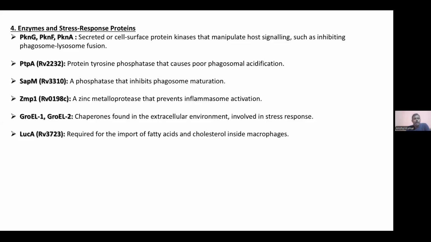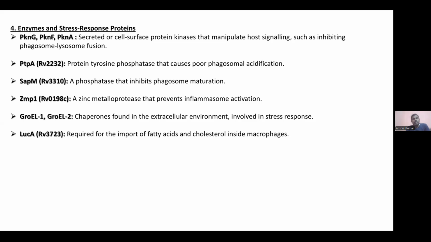Then SapM RV3310, a phosphatase that inhibits phagosome maturation. Then Zmp1, secreted by RV0198C gene, is a zinc metalloprotease that prevents inflammasome activation. Then GroEL1 and GroEL2 are chaperones found in the extracellular environment involved in stress response, and LucA, secreted by RV3723, is required for the import of fatty acids and cholesterol inside macrophages.